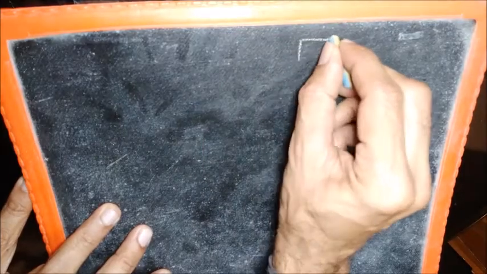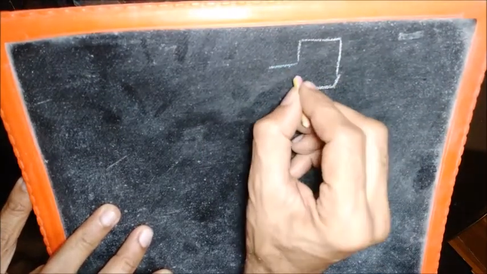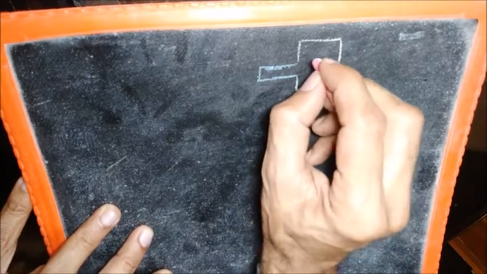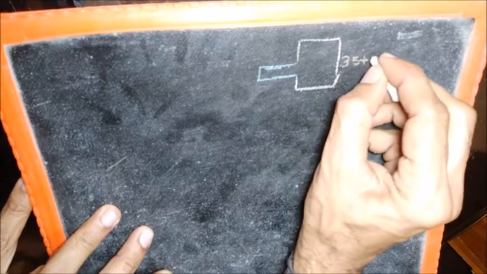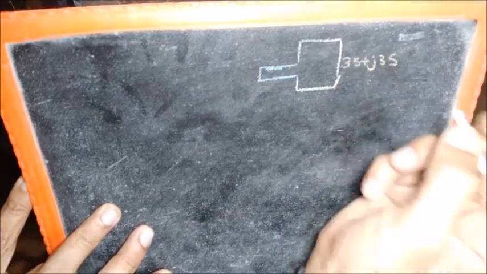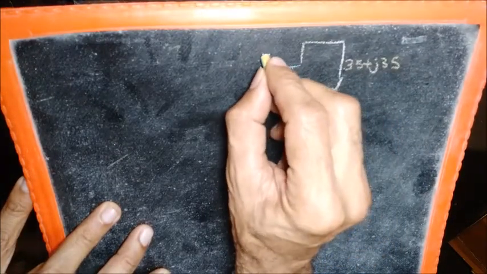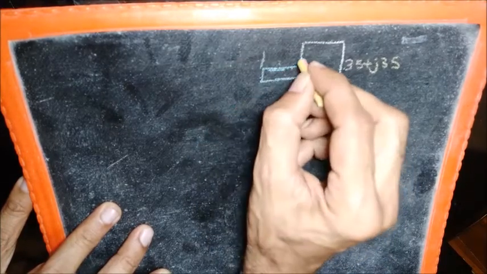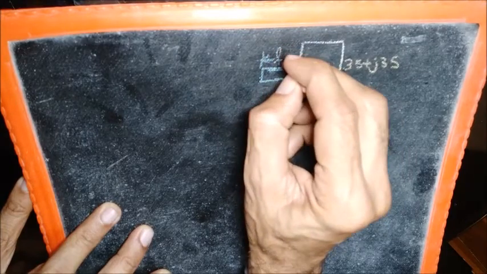We had a patch antenna, and there was a section of transmission line connected to it. The patch antenna had an impedance of 35 plus J35 ohms, and the length of the transmission line connected to the patch antenna was L1.